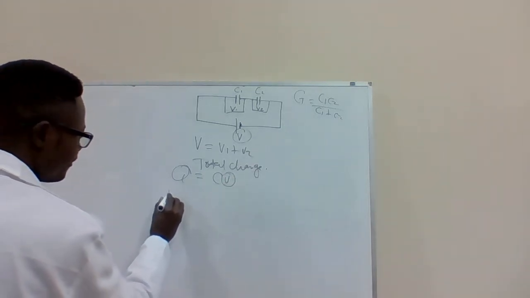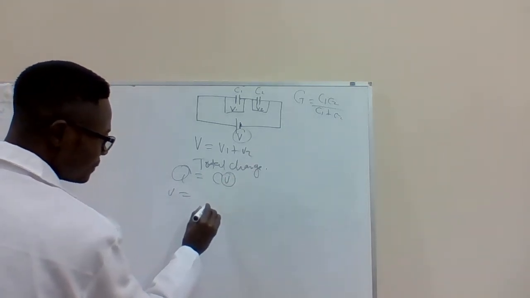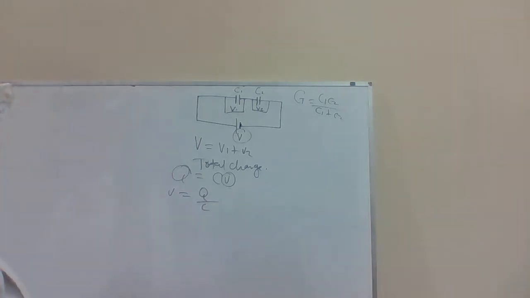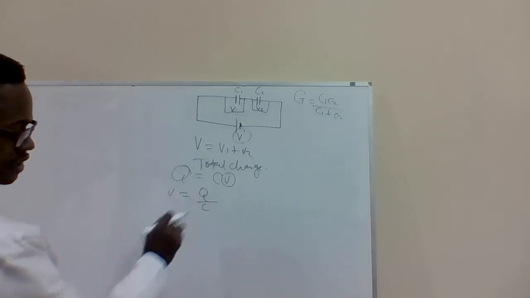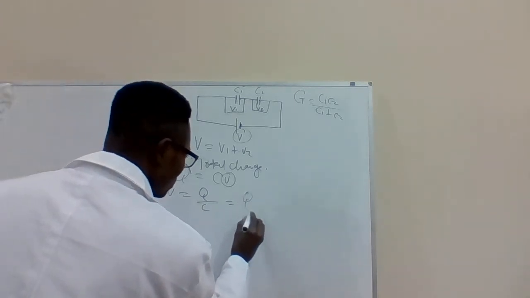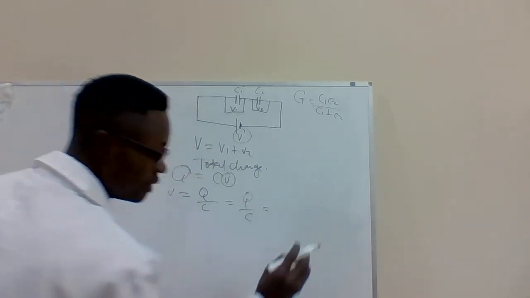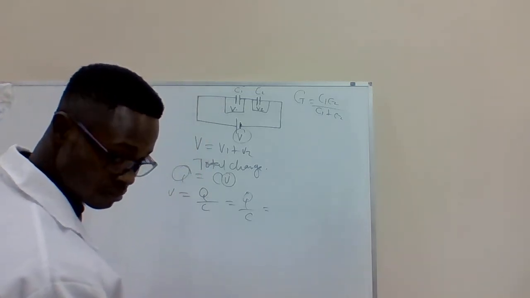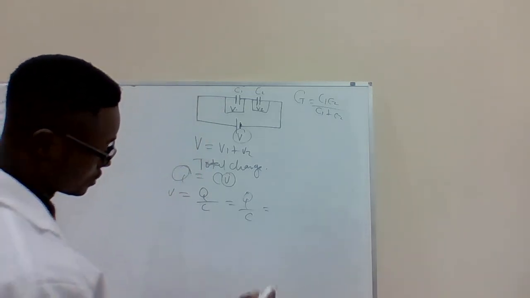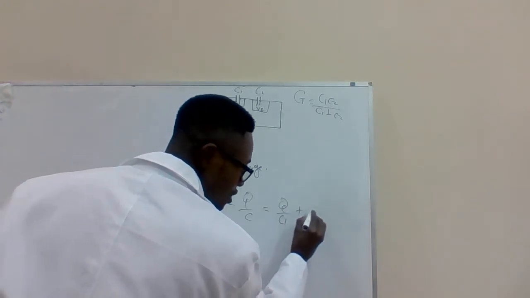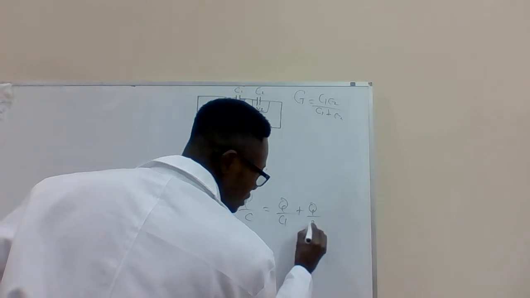So V is given by Q all over C. That means that our Q over C will be given by Q over C1 plus Q over C2.